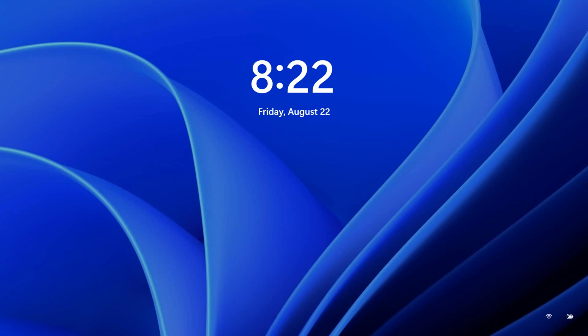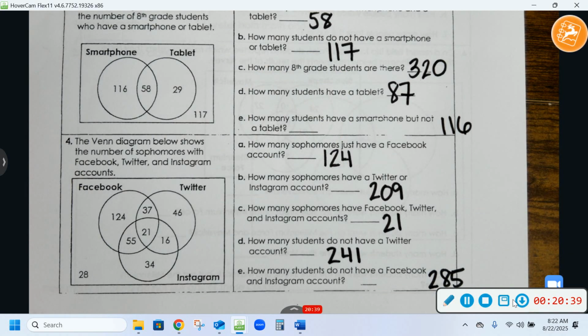But wouldn't someone who has all three have Facebook and Instagram?